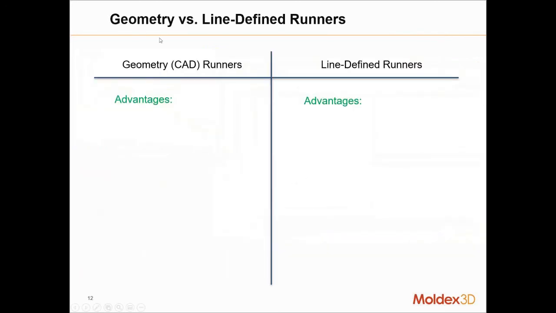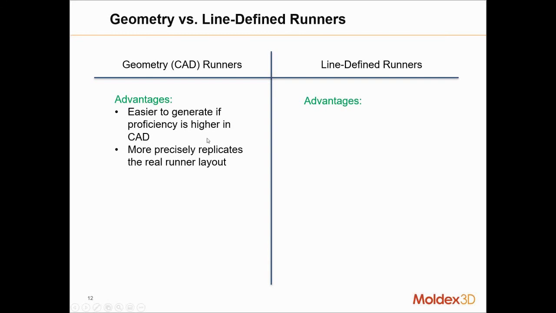Now, as far as the runner systems are concerned, I've mentioned many times geometry versus line defined, but here's just a layout of the advantages and disadvantages. For CAD geometry runners, they're easier to generate if your proficiency is higher in CAD. So if you have a CAD system, it might be a little easier to bring in your runners as a CAD geometry, and you're able to replicate the real runner layout a little more precisely.